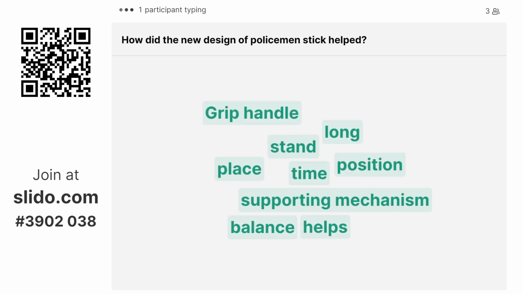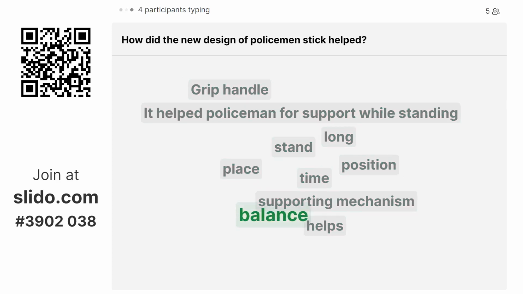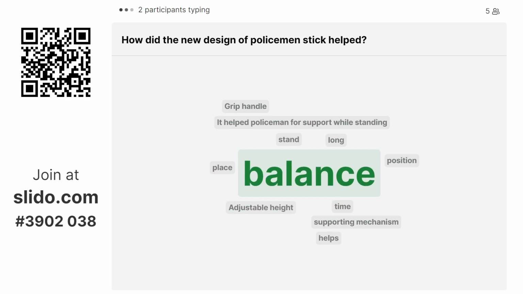We've got lots of inputs now. Grip handle, long standing time, position, balance helps. Helps in different positions.